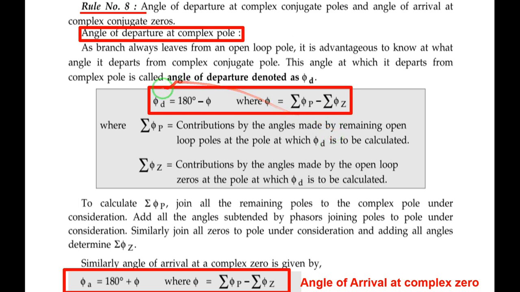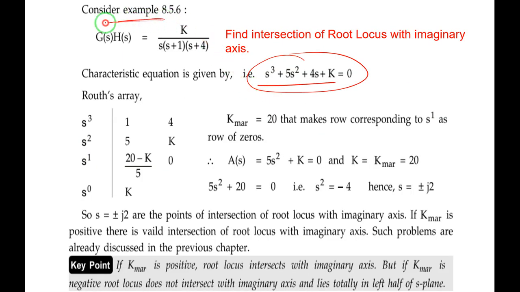Then rule number 8. Most of the times we will not be using this rule number 8. Whenever there are complex conjugate poles and complex conjugate zeros in the given open loop transfer function, only then is rule number 8 applicable. For example, if the open loop transfer function is G(s)H(s) equal to K divided by s into (s plus 1) into (s plus 4), there are no zeros.